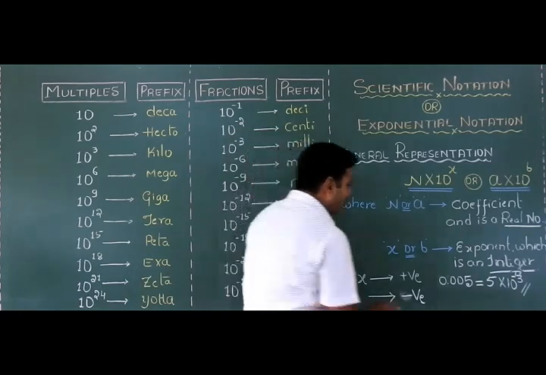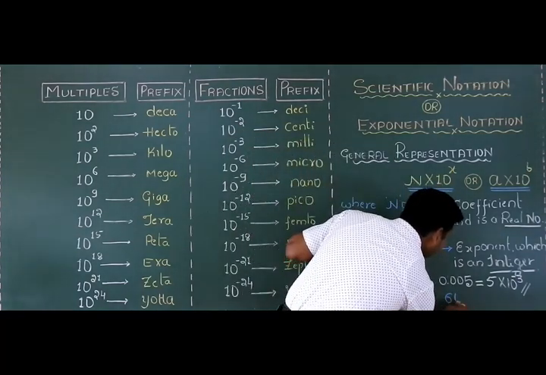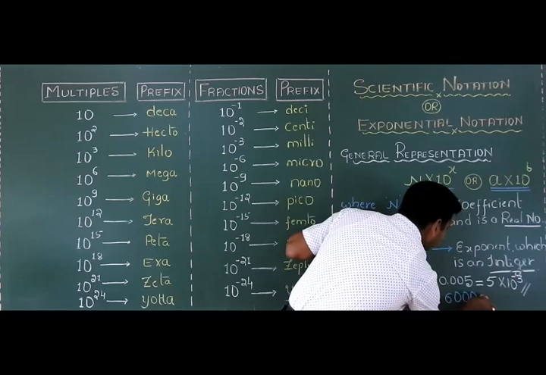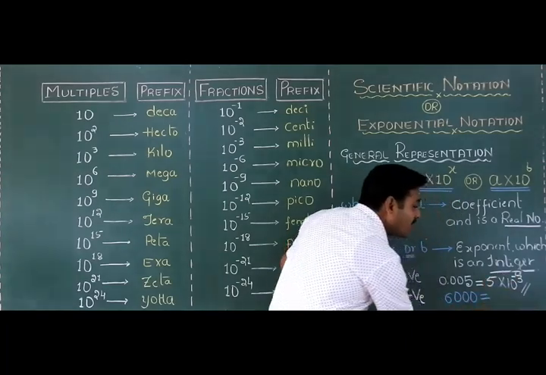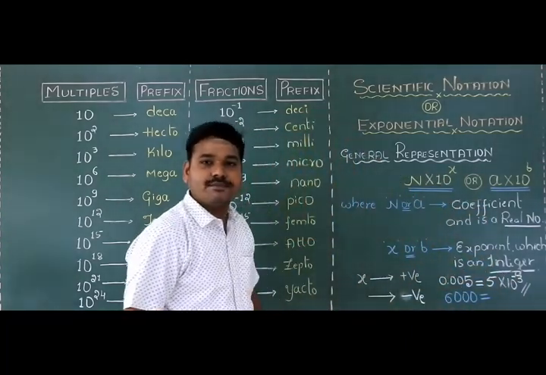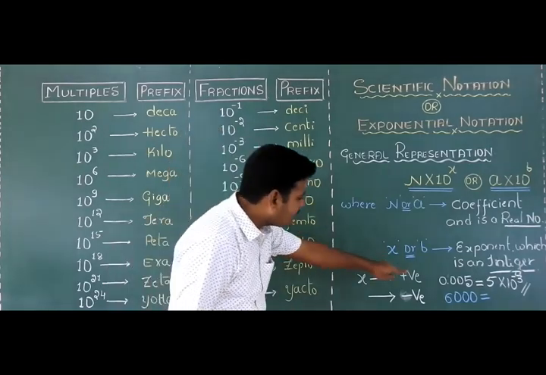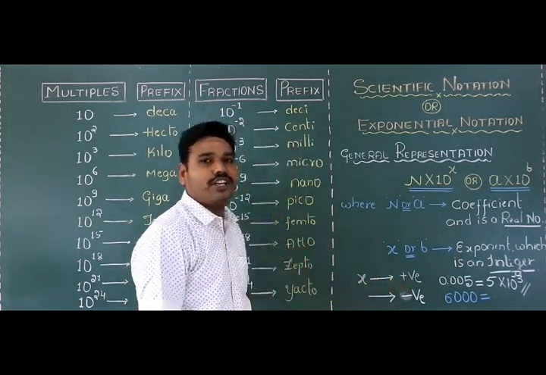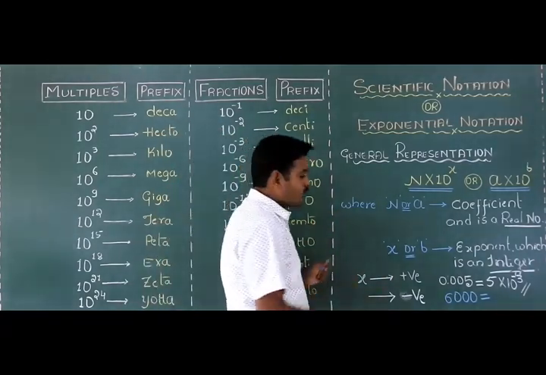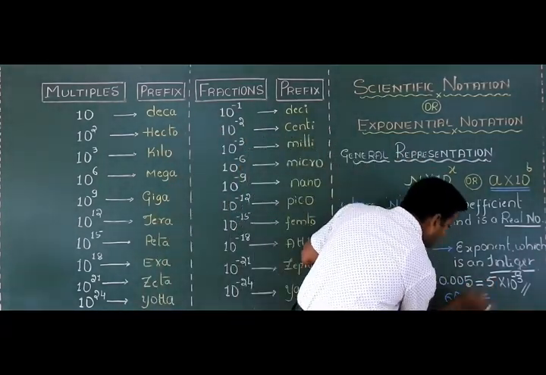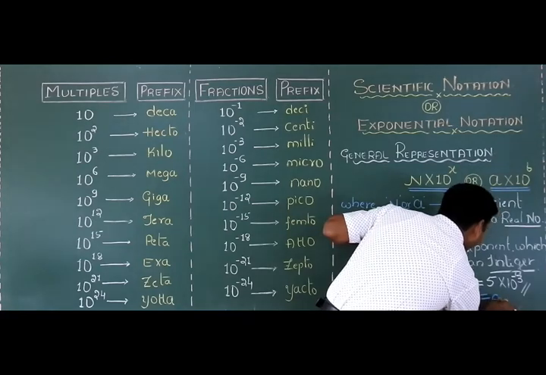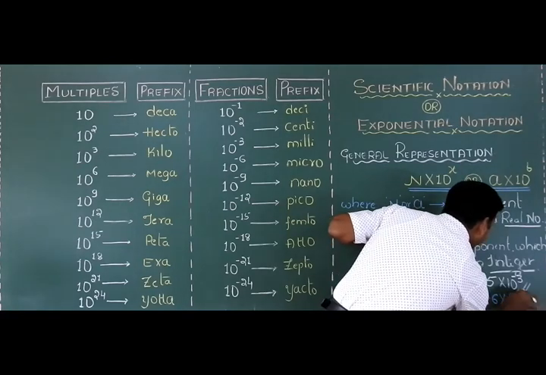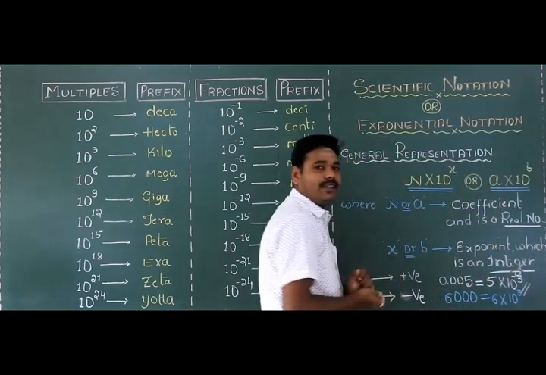And similarly, one more example is 6,000. So let us represent this large number in scientific notation, using exponential notation. We can represent this 6,000 in the form 6 into 10 to the power of plus 3.